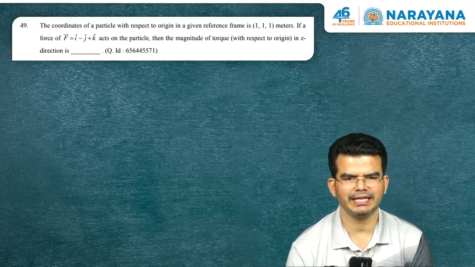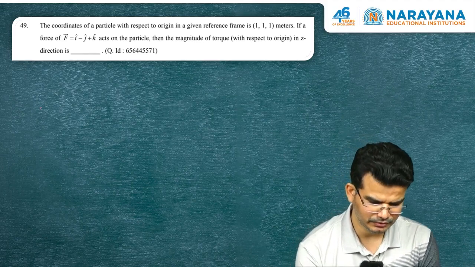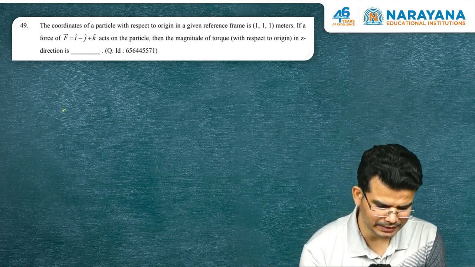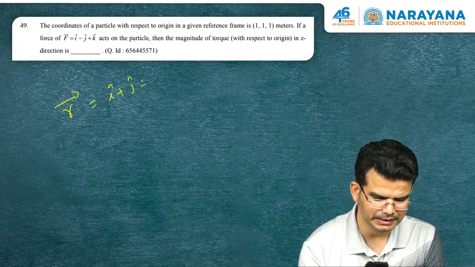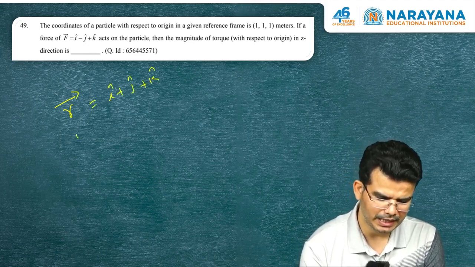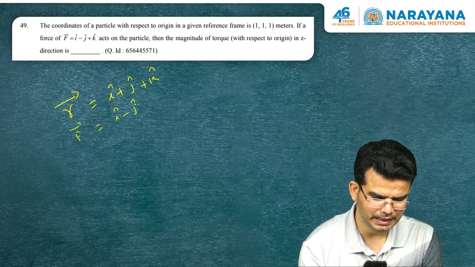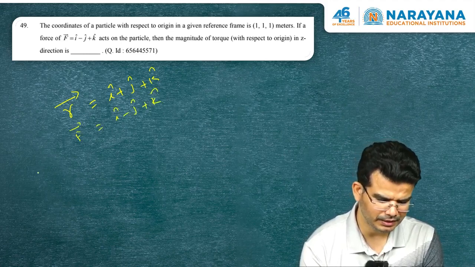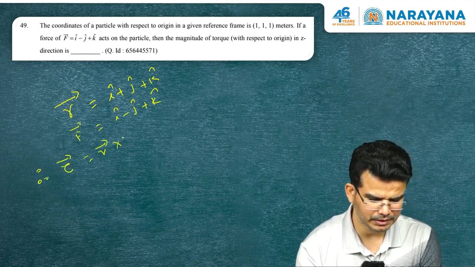Okay, so they are asking for torque, but only in the z direction. Let us calculate. R vector is simply i cap plus j cap plus k cap with respect to origin, and the force vector is i cap minus j cap plus k cap. Therefore, torque is R cross F, very simple.